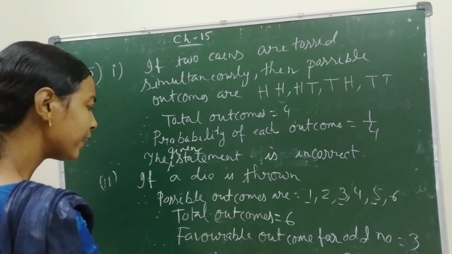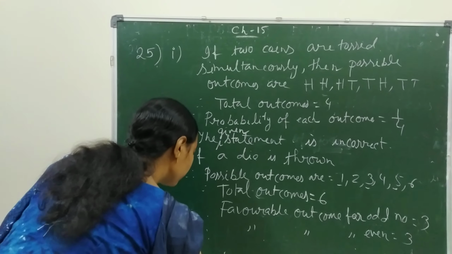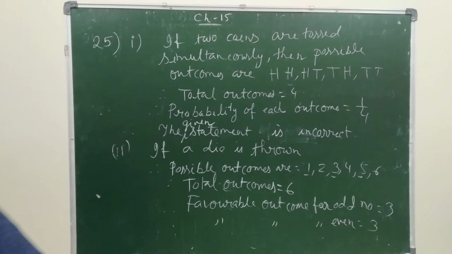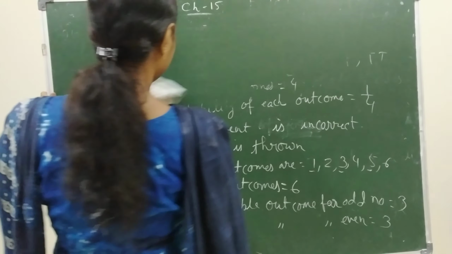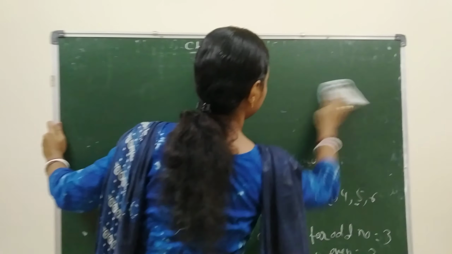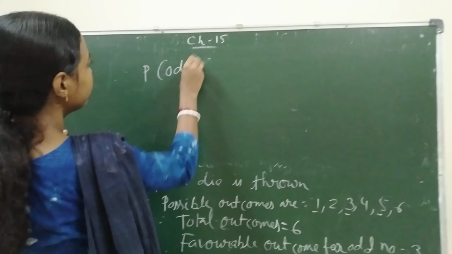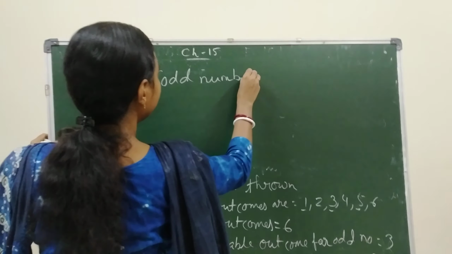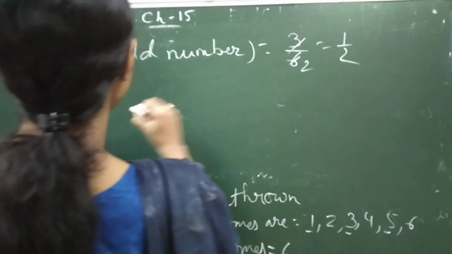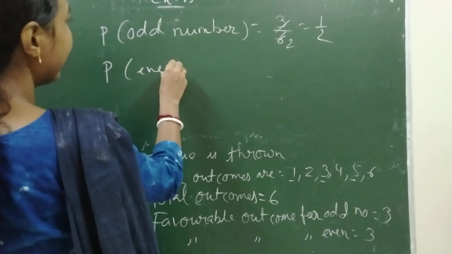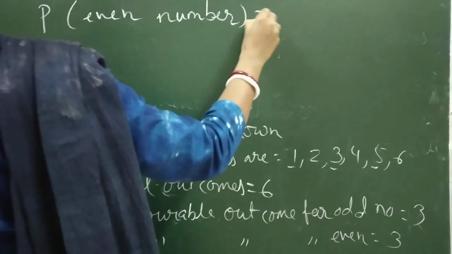So in both cases, probability of getting an odd number equal to 3 by 6, 1 by 2, and probability of getting an even number is also 3 by 6.